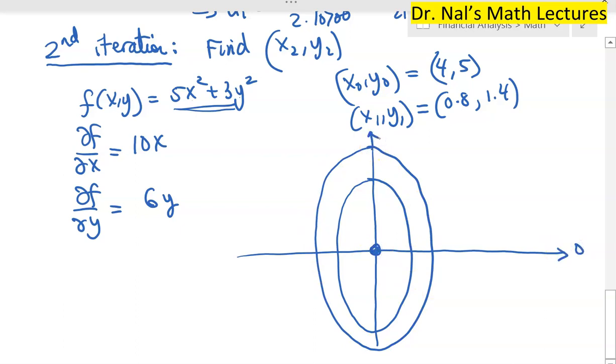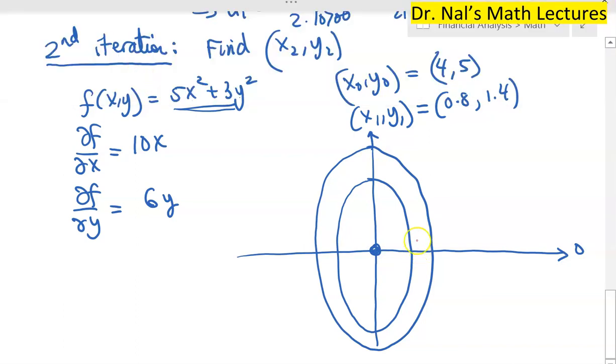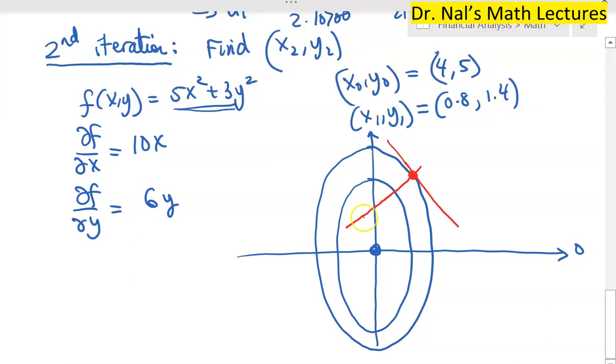When I started at the point 4, 5, suppose 4, 5 is somewhere here. What we did in the first step was to find that gradient. We started walking in that direction, and we stopped as soon as we hit this tangency point.